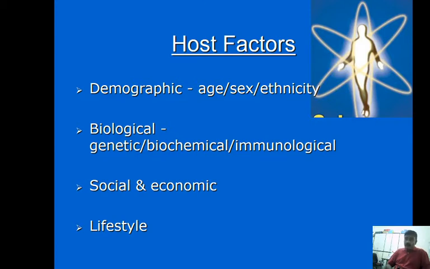Social and economic, a lot of social and economic factors. For example, if I talk about some of the social factors, one of the super spreaders with the COVID-19 outbreak has been a group of people who attended a religious meeting.